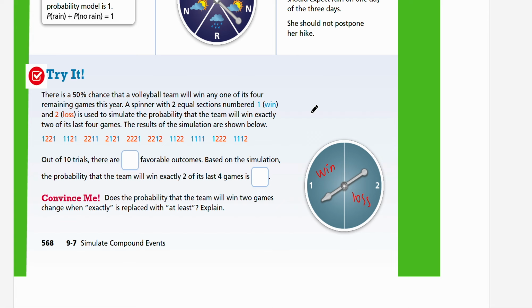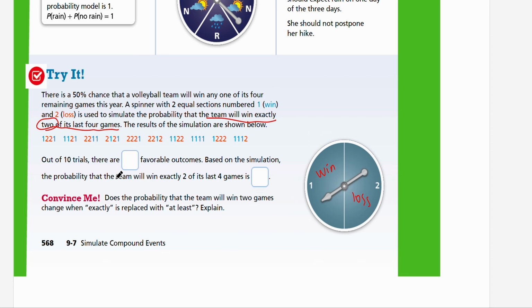Okay, are you ready? Shouldn't be too hard. Out of 10 trials, 1, 2, 3, 4, 5, 6, 7, 8, 9, 10 trials, how many favorable outcomes are there? What is our favorable outcome? Winning the game, of course. But here we're looking for the probability that the team will win exactly 2 of the last 4 games.